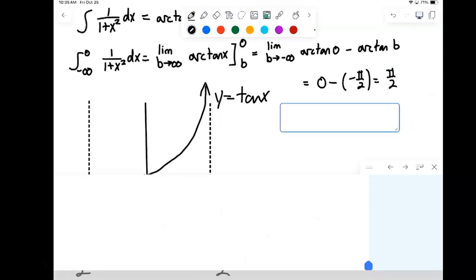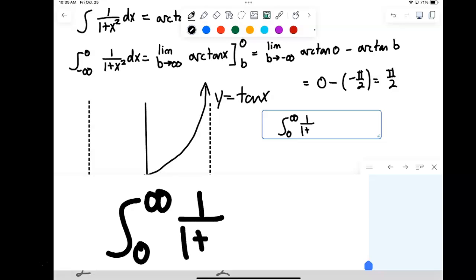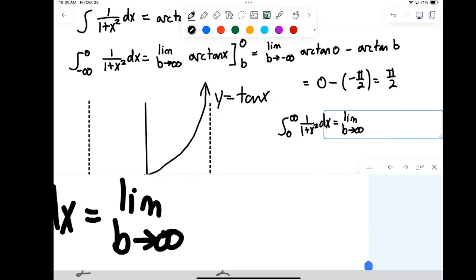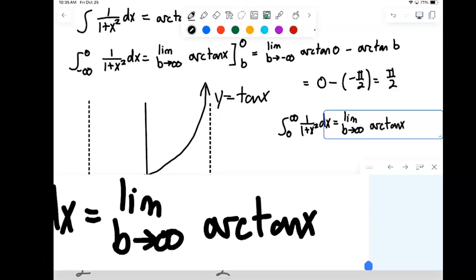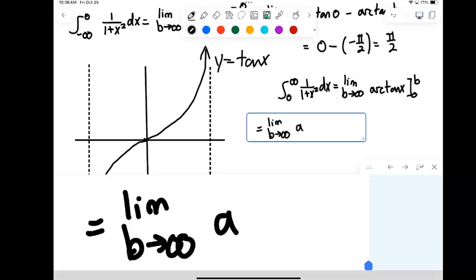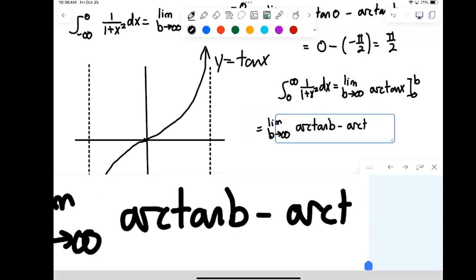And then in a similar fashion, the integral from 0 to infinity of 1 over 1 plus x squared dx will be the limit as b approaches infinity of the arctan of x evaluated between 0 and b. That will be the limit as b goes to infinity of the arctan of b minus the arctan of 0.